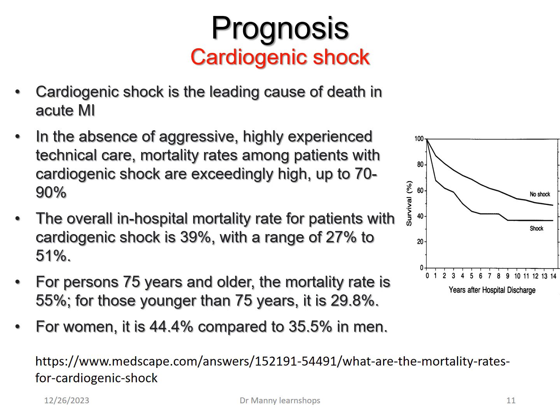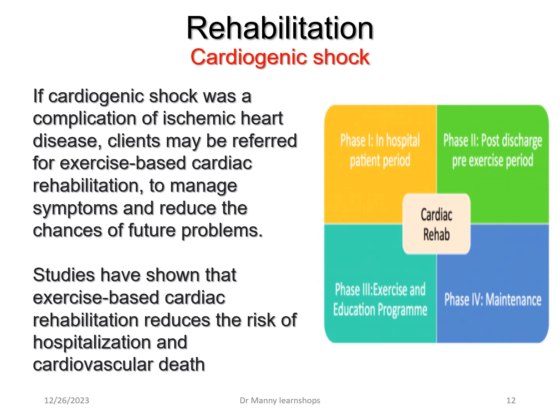What's the prognosis for cardiogenic shock? Well, there's a pretty high mortality, exceeding up to 70 to 90%. But the risk factors go up if you have comorbidities, and age certainly is a factor. Rehabilitation?